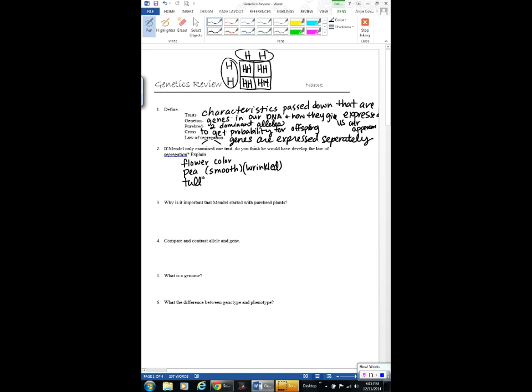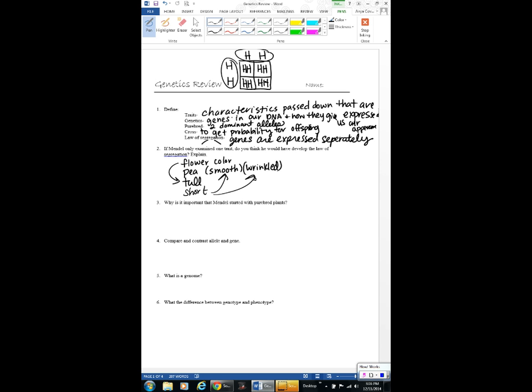Because he was looking at all of these different characteristics, he was able to see that these genes were expressed separately, that the purple flower could be tall or the purple flower could be short. He was able to see that the purple flower that was short could have smooth peas, or that the purple flower with short could have the wrinkled peas. And so none of these genes were traveling together, and that's how he got this law of segregation.